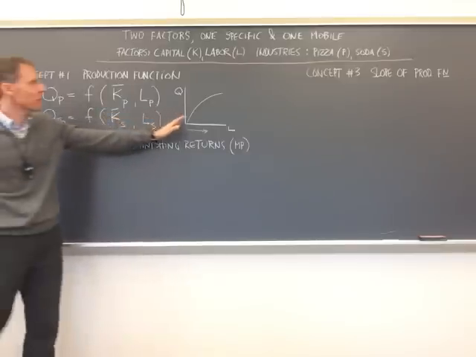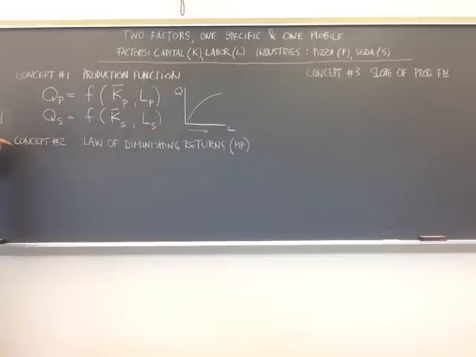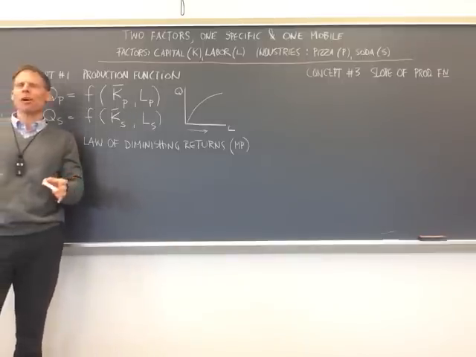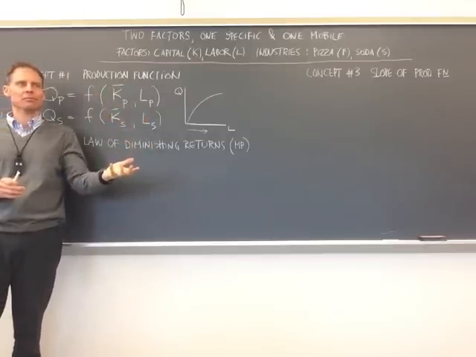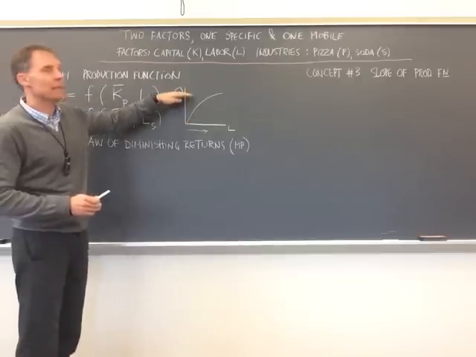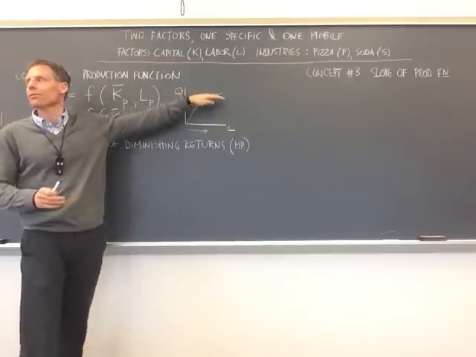The reason output is going to have this shape is concept number 2. The law of diminishing returns, or the law of diminishing marginal product. The law of diminishing returns says that when you add more of a mobile factor to a fixed factor, output is going to increase at a decreasing rate.